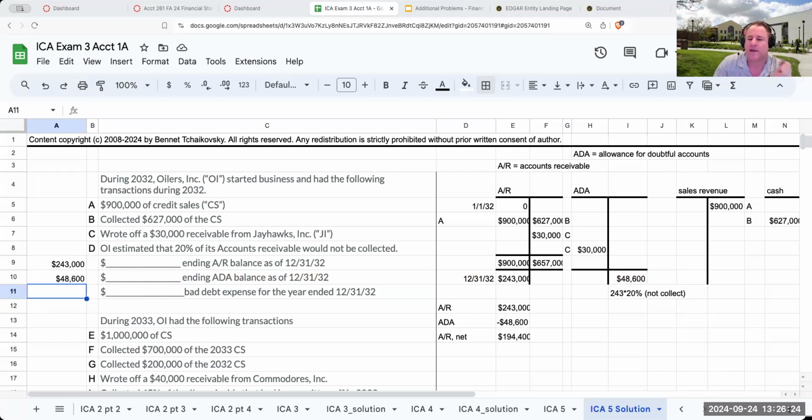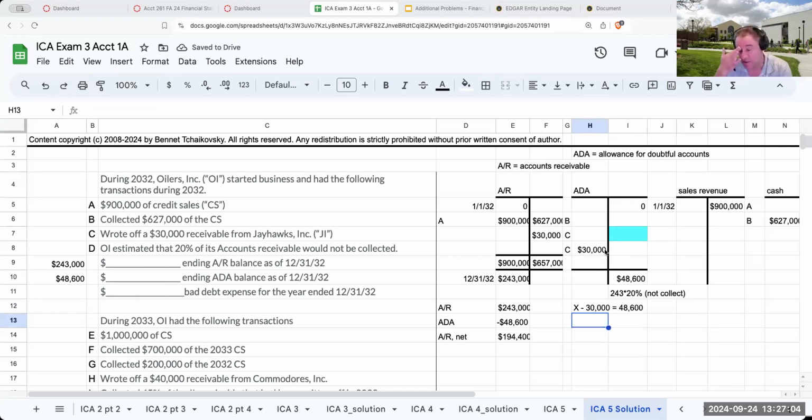Now, bad debt expense. What exactly is that? It's whatever I need in order to balance my accounts. So we started business this year. Now I need an amount here in which to balance. So what value minus 30,000 equals 48.6? I can't just write 48.6 here because 48.6 minus 30 is 18.6, and that does not work. So I'm going to take X minus 30,000 equals 48,600, right?